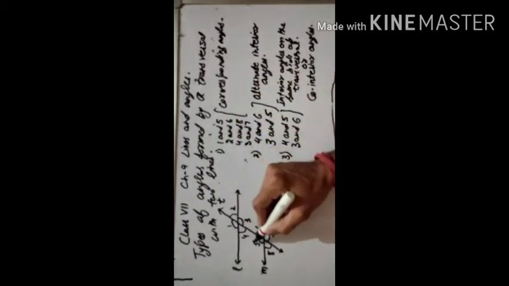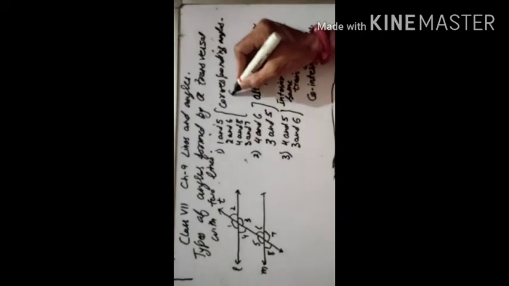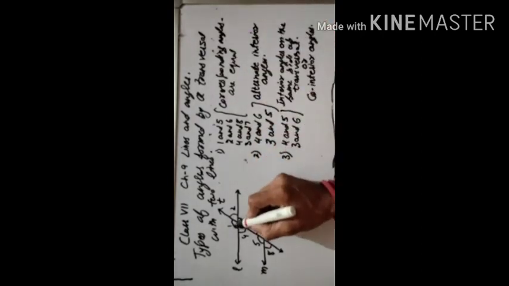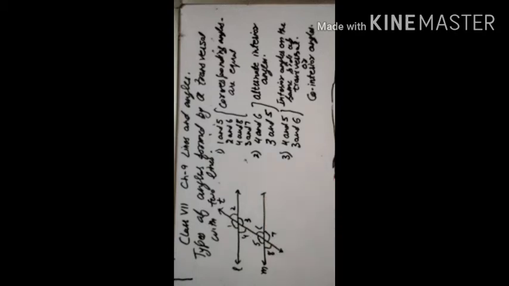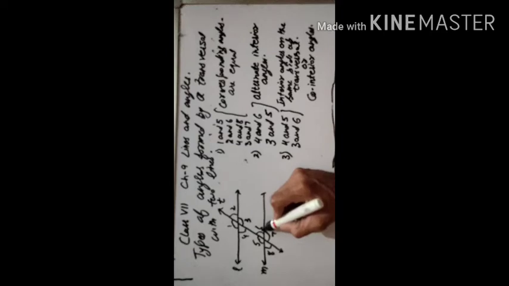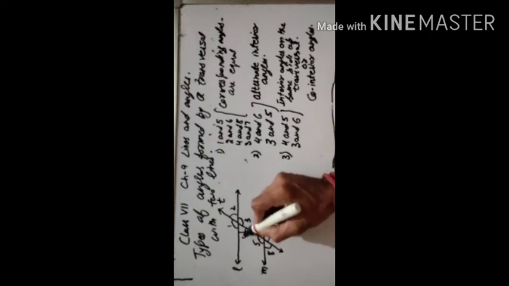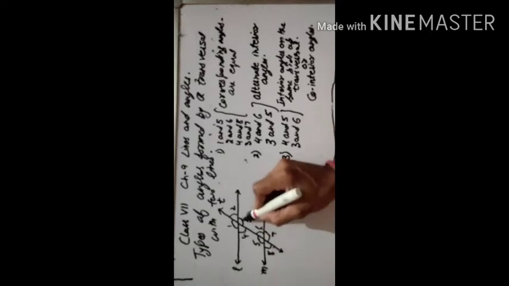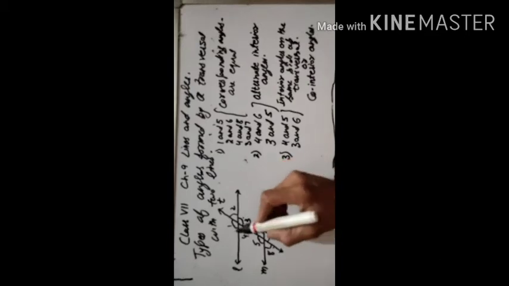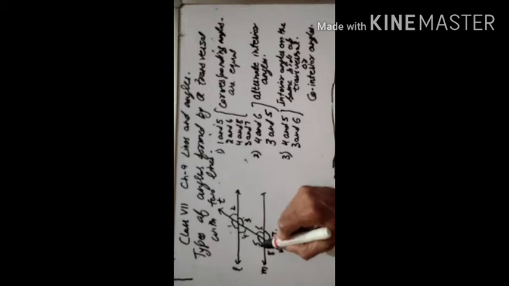Now 1 and 5 are equal. If angle 1 is 60, 5 is also 60. If angle 2 is 120, 6 is also 120. If 4 is 120, 8 is also 120. If 3 is 60, 7 is also 60. Whatsoever, if 1 is 45, 5 is also 45.